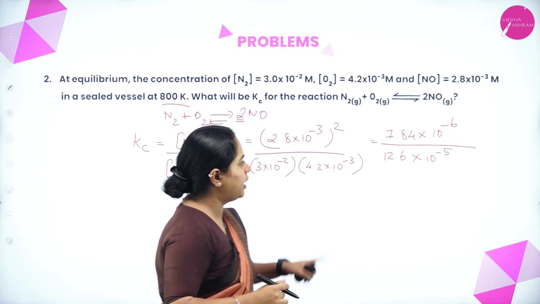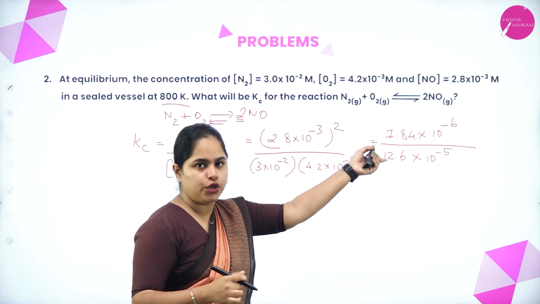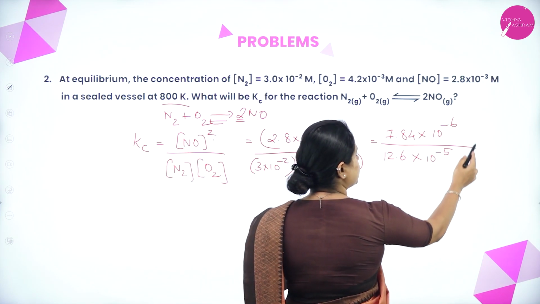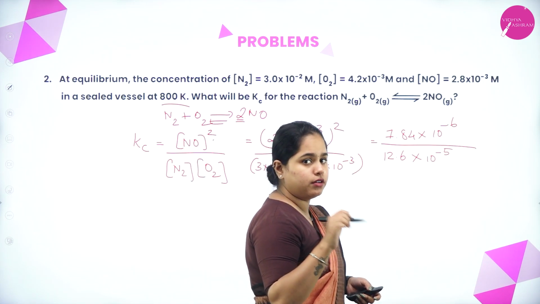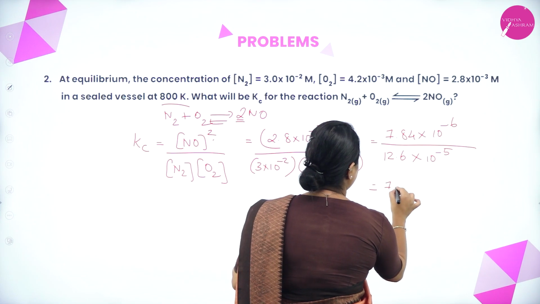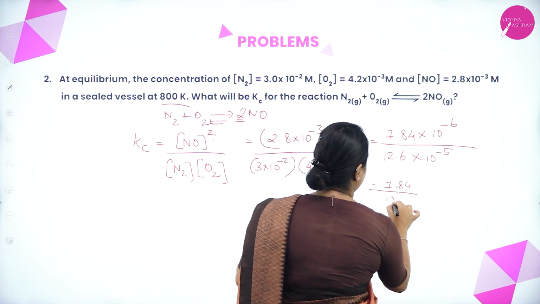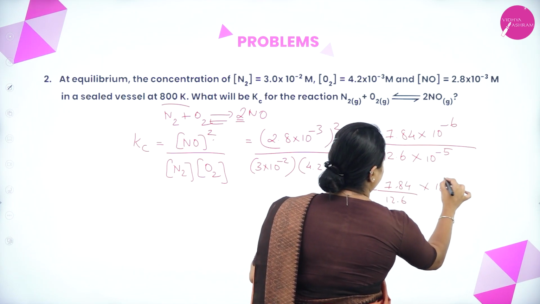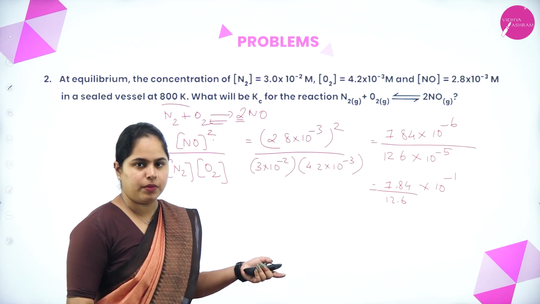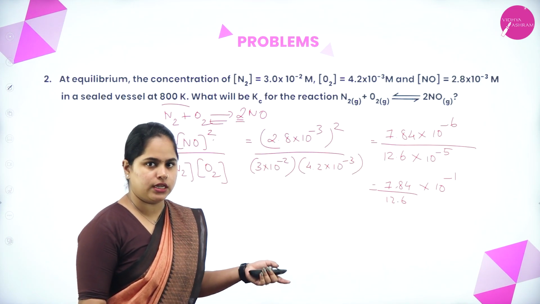If we are taking it to the numerator, this 10 to the power minus 5 will become 10 to the power 5. So it will be 7.84 divided by 12.6 into 10 to the power minus 1. Minus 6 plus 5 will give you minus 1.